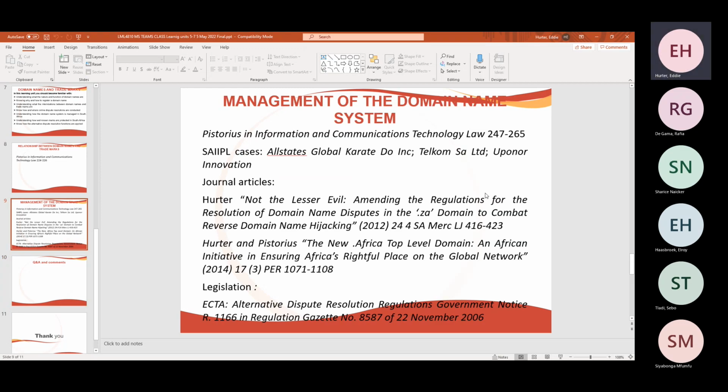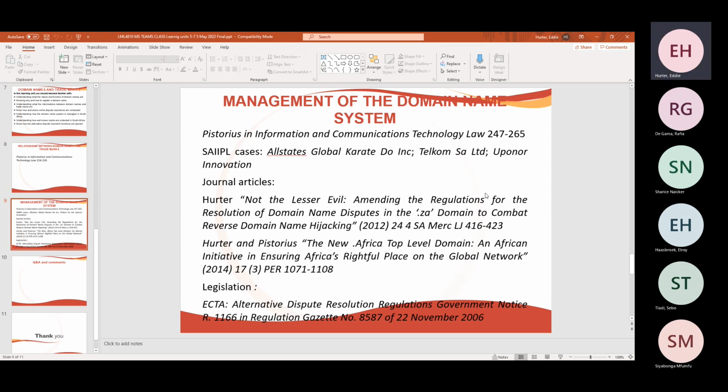The UDRP then is the international dispute resolution system employed by ICANN for the resolution of domain name disputes within the top-level domains, the .coms, the .orgs, the .nets, and many other country code top-level domains. But South Africa has chosen to do our own dispute resolution system that, of course, is under the auspices of ICANN as well.